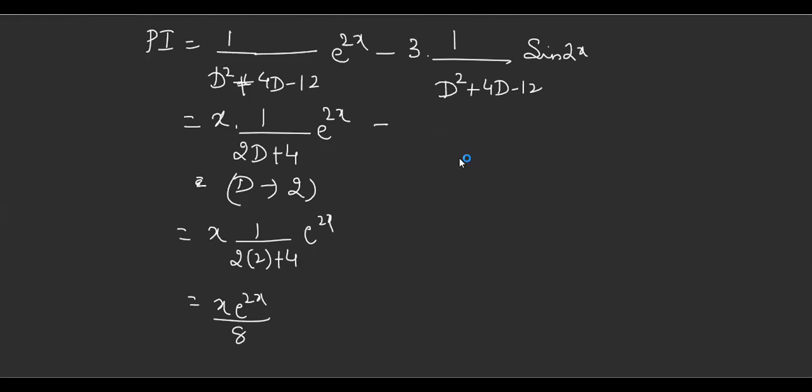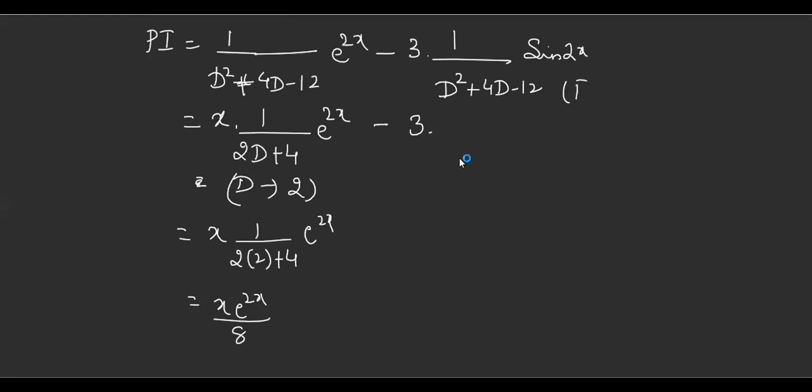After becoming perfect, you can do it simultaneously. There is no problem. Now this is 3. Now sine 2x means this belongs to which case? Second case. Okay. So the second case, what does it say? We have to replace which quantity? D square.